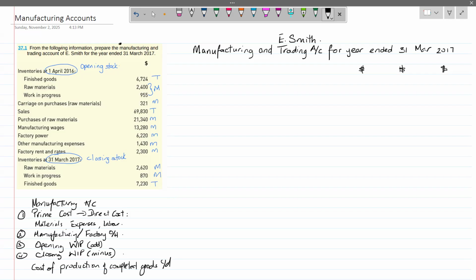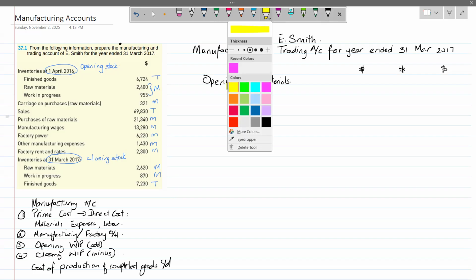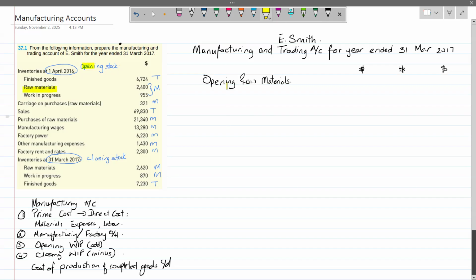So let's do that. You always start with raw materials, so you have to start with your opening raw materials. Let's look at the raw material items that we have. You could underline some of these things. You have raw materials as your opening inventory, carriage on raw materials, and purchases of raw materials.